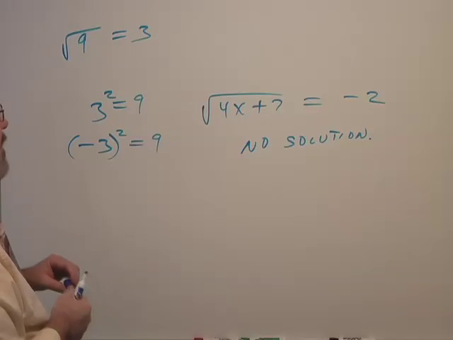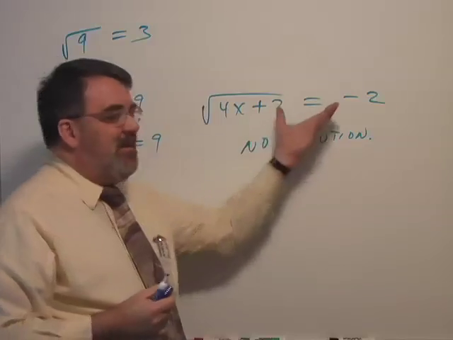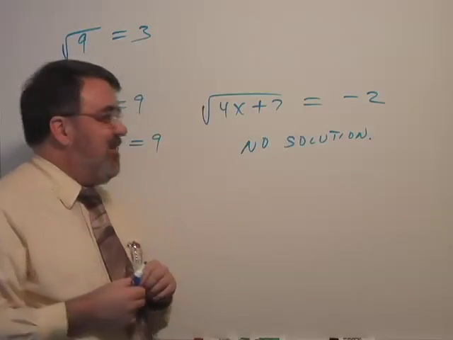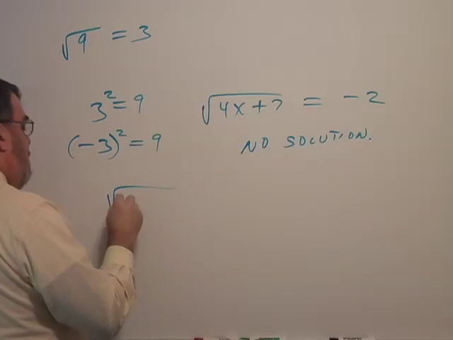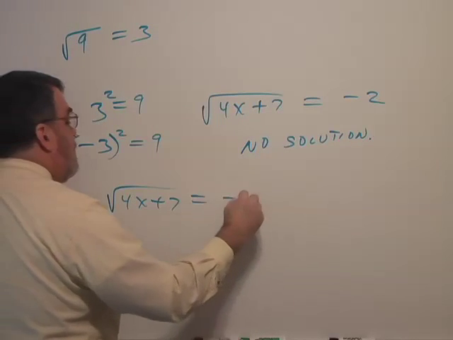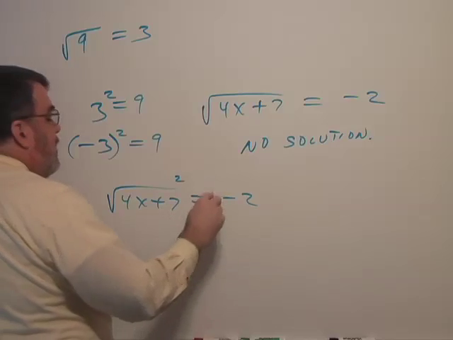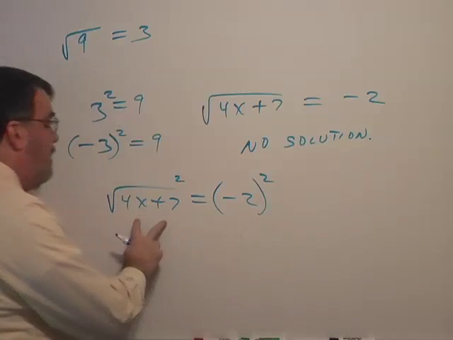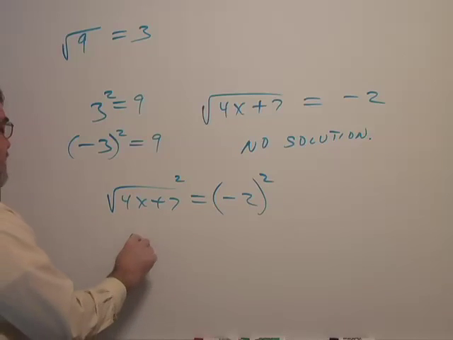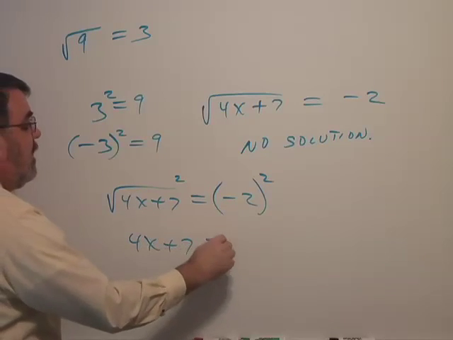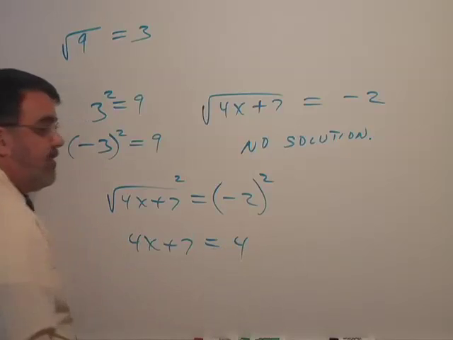Now it is possible to attempt to solve this problem by squaring both sides. So I'll square the square root, and I'll square the negative 2. When I square the square root, I'm going to get the radicand, 4x plus 7. And that equals positive 4.